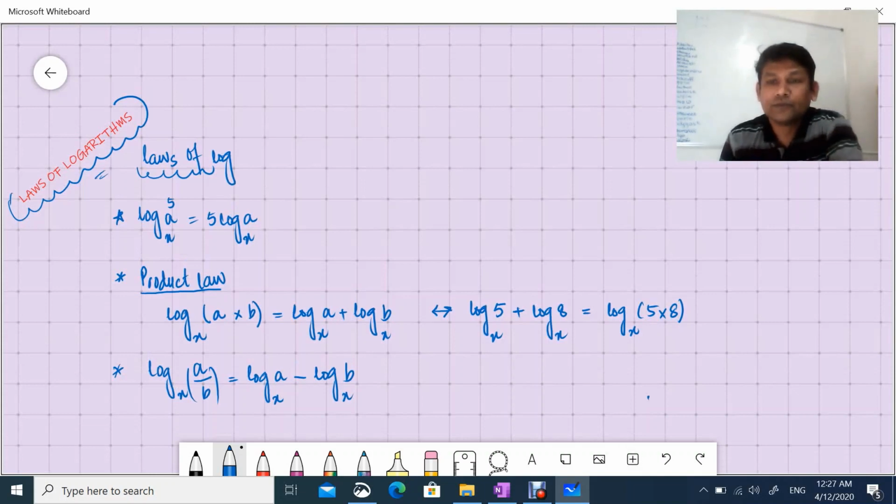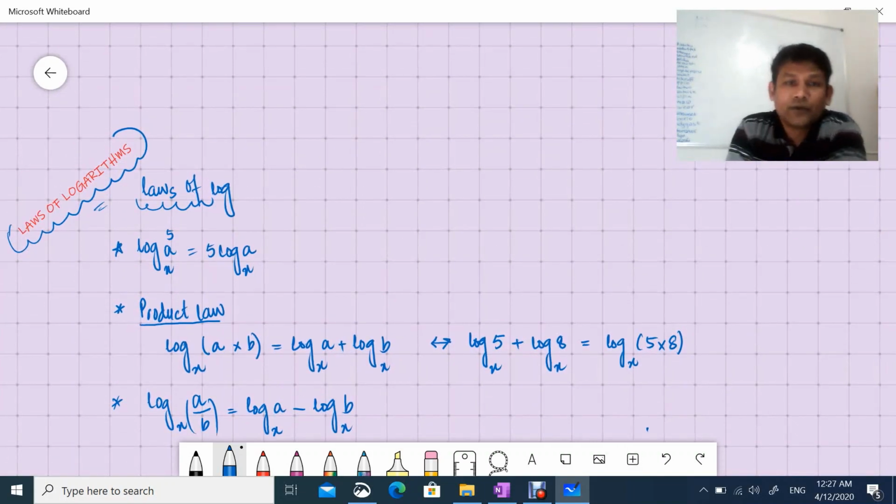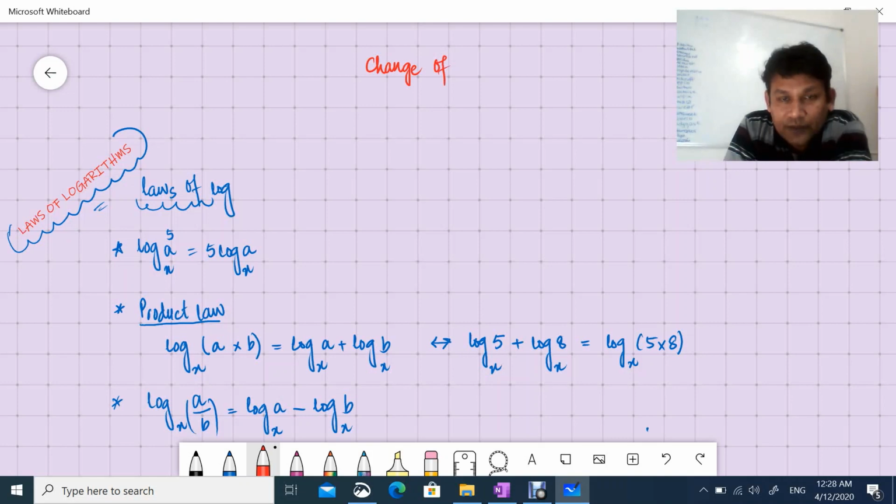This topic I want to do separately. In the change of base law, students have a lot of problems. I have divided this change of base law into some parts.